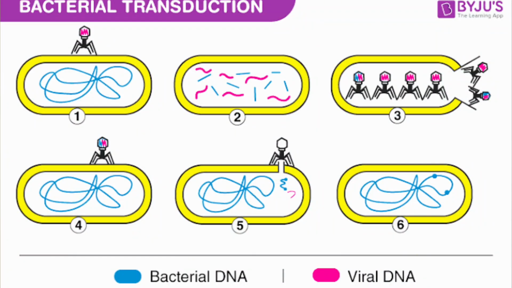If the particular gene it got from the first bacteria does not exist in the new bacteria, that confers an advantage, making that bacteria better. That is basically how bacteriophages are used to transfer DNA from one bacteria to another.